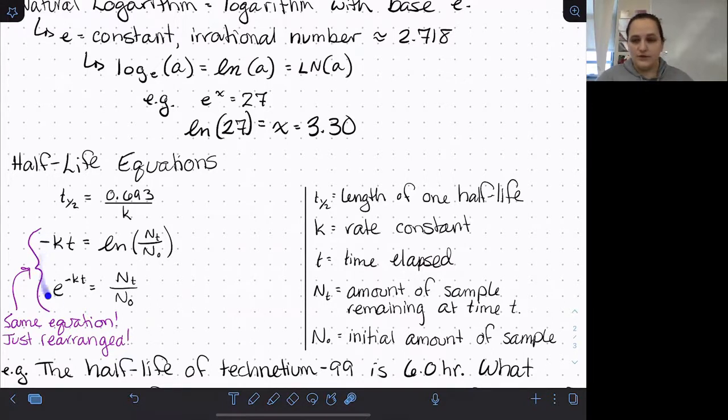So again, this is just a rearrangement of the same equation, but I give you both so that you can solve them more easily. Essentially, if you are solving for either k or t, you want to use this first one.